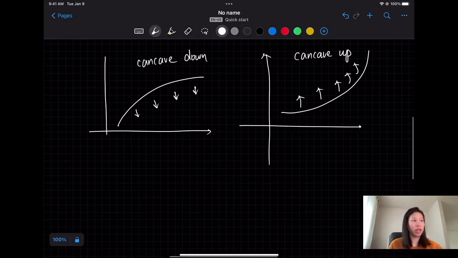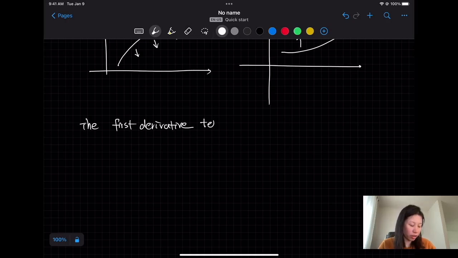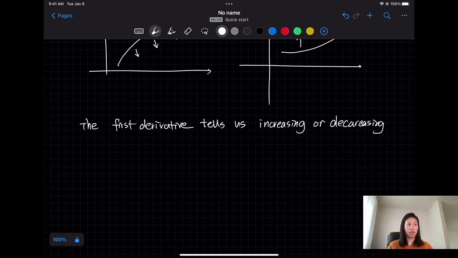So here is our first note. The first derivative tells us whether the function is increasing or decreasing. If it's positive, that means it's increasing.